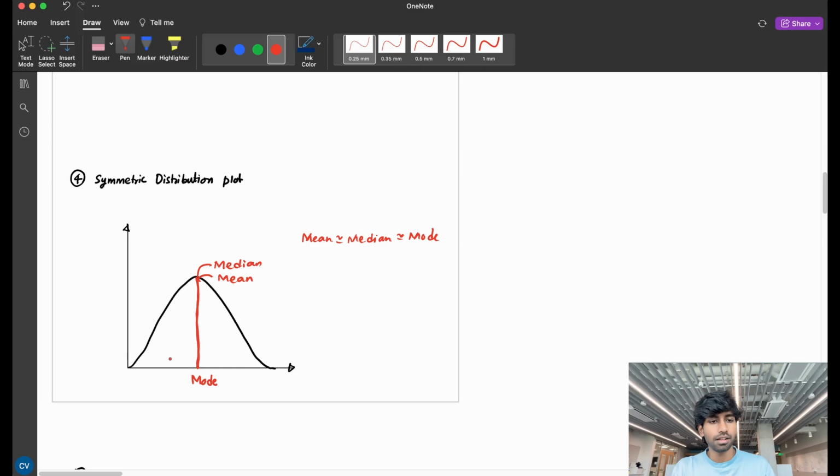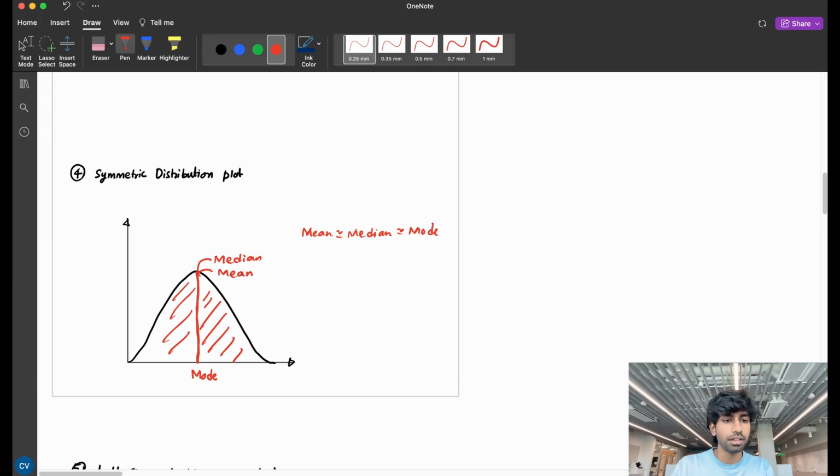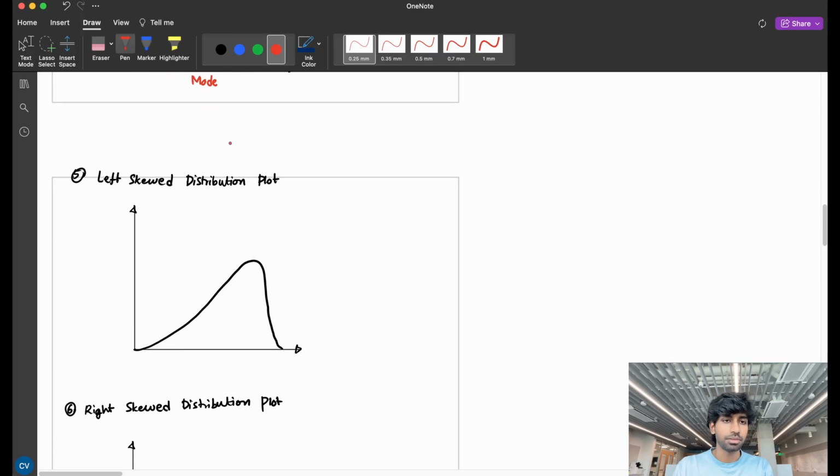Because in a symmetric distribution plot, we can balance this from the center, and the mode is the highest frequency data point, and that's also at the center. And we can divide this entire area into two equal area halves from this point itself. So that's the median.